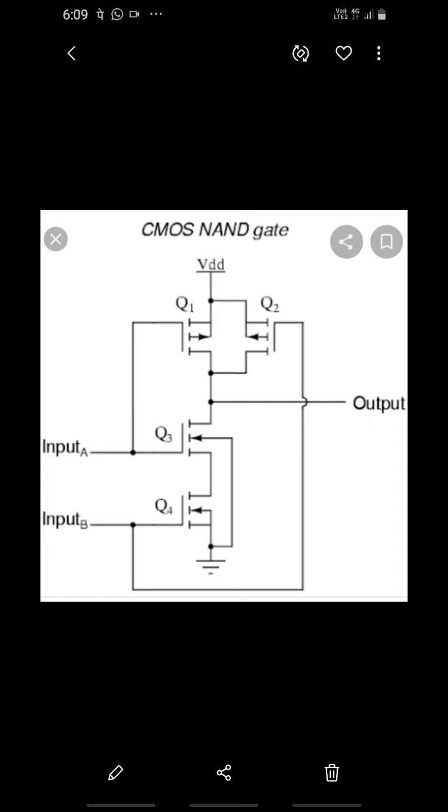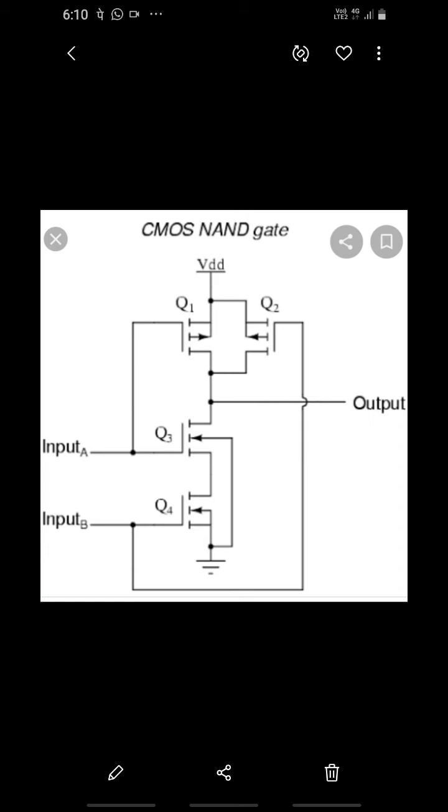If A is equal to 1 and B is equal to 0, case 3, because B is low, Q2 is closed, this pulls Y up to the supply voltage, means high. And fourth case, when both inputs A and B are high, Q1 and Q2 are opened, Q3 and Q4 are closed.